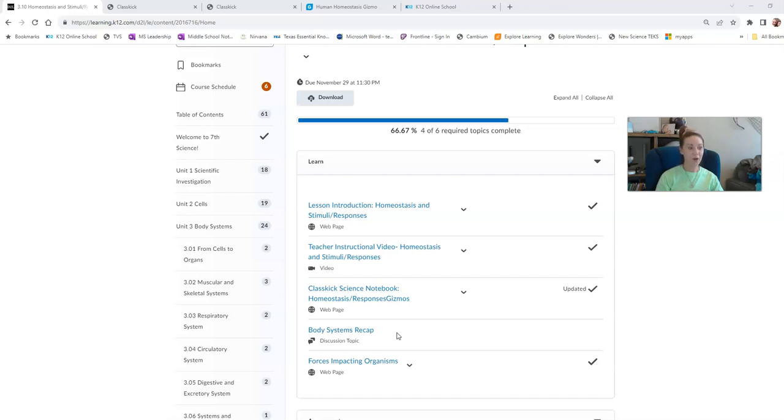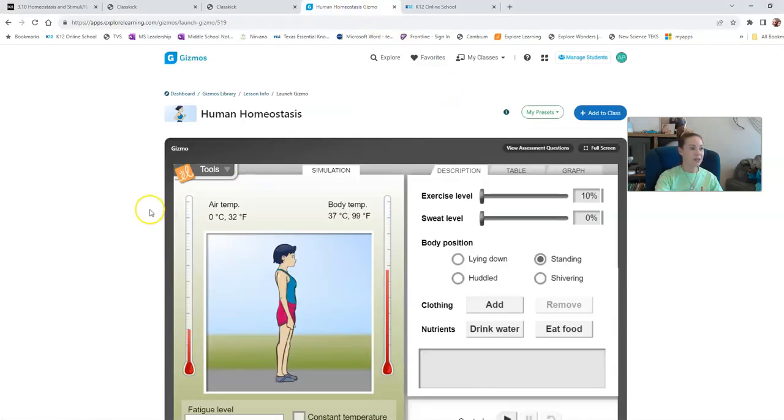Now, in the Class Kick Science notebook today, you're going to be directed over to Gizmos. And I'm going to show you what that Gizmos activity looks like now. You're going to be doing a homeostasis demonstration, a human homeostasis demonstration. So as you can see here, one of the first questions that it's going to ask you in your Class Kick is the initial air and body temperature.